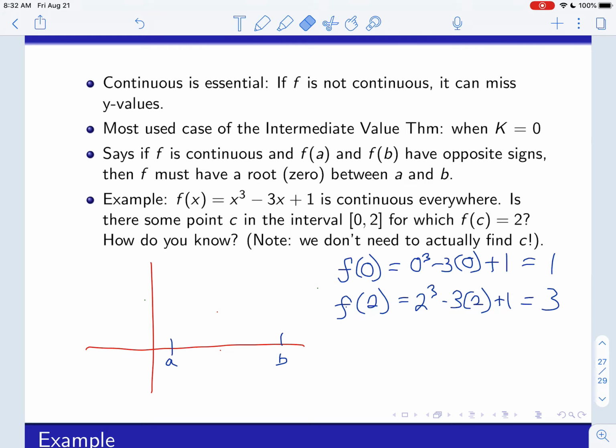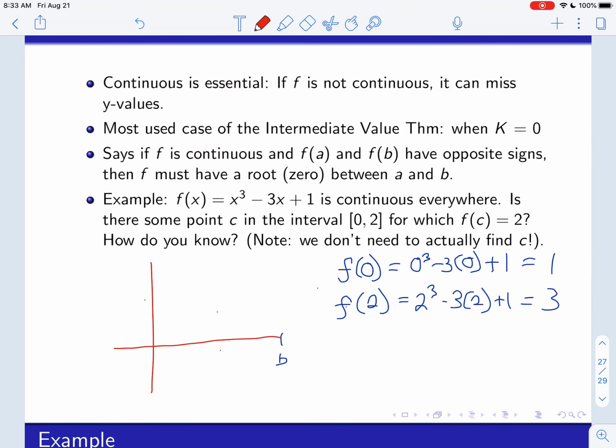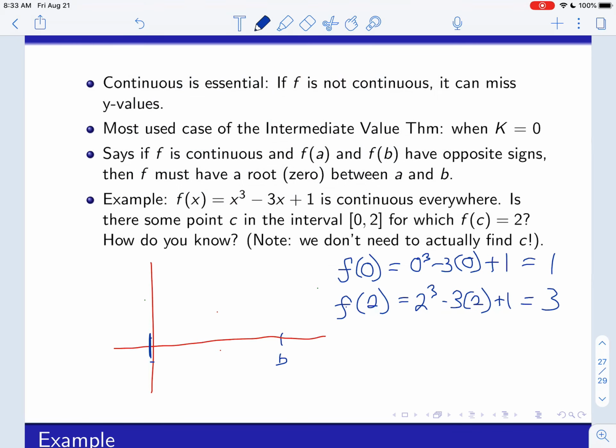So if I edit my graph a little bit over here, so k is no longer right there. And actually A is now at 0. So we've got, here's 0, and then here's 2. And we decided that f of 0 was 1, and f of 2 was 3.